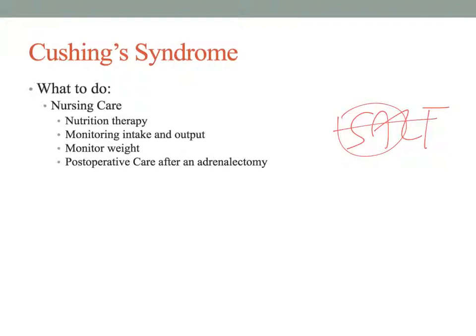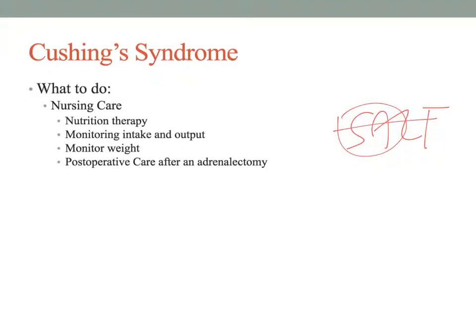Patients getting an adrenalectomy are typically in the intensive care unit immediately after surgery, and if you can imagine, these patients are at risk for going into an Addison's crisis. Because we just took their adrenal gland out, we are removing their ability to make corticosteroids, so we have to replace that, and we have to monitor them for going into an Addison's crisis.